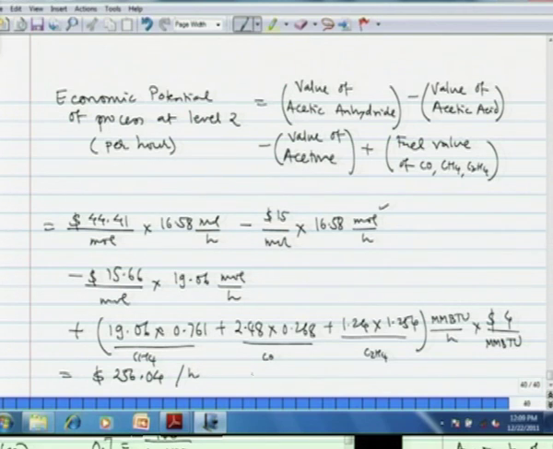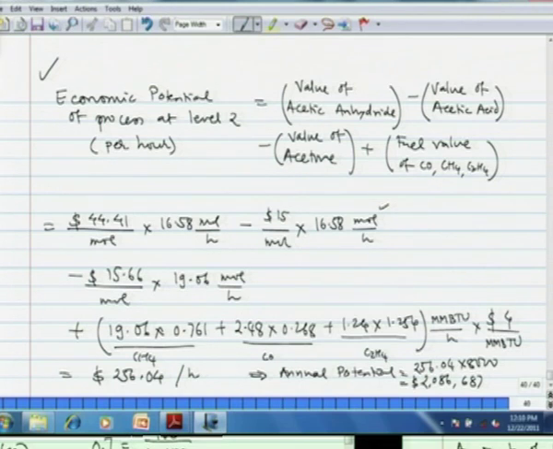Now, this is per hour. The annual potential will be this into 8,000 hours per year, which will be something like $2 million annually. So, the economic potential is positive, which means the process is profitable.